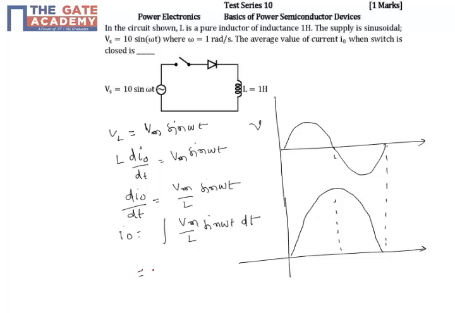So this is equal to Vm by L, from 0 to t. For sine, the integral is minus cos omega t by omega.